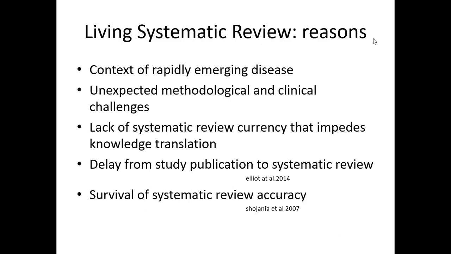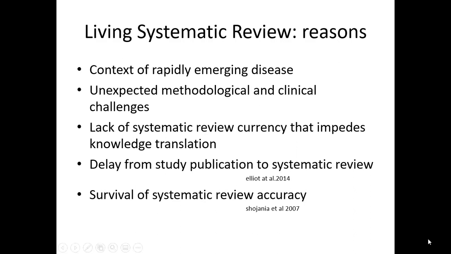So, in which circumstances can you use this living systematic review? In the context of a rapidly emerging disease, just pick the case of COVID-19. COVID-19 came, we didn't have enough knowledge on how it gets transmitted, how to treat COVID, how to prevent COVID.